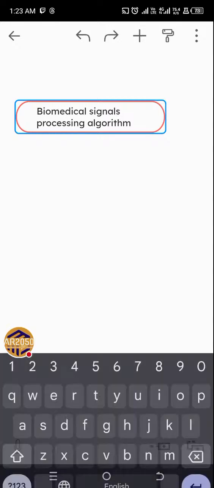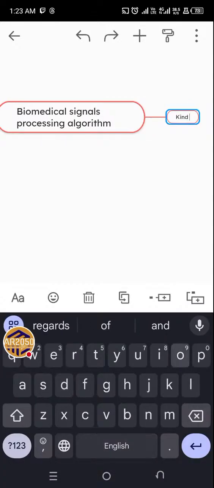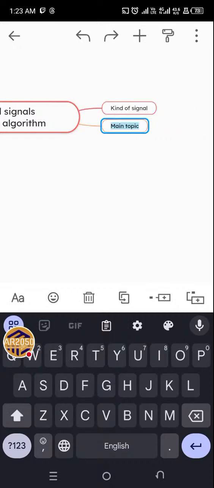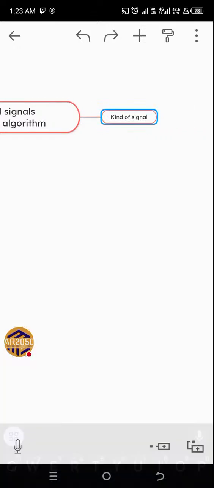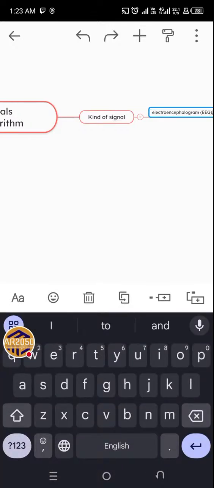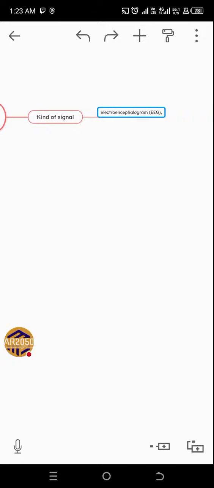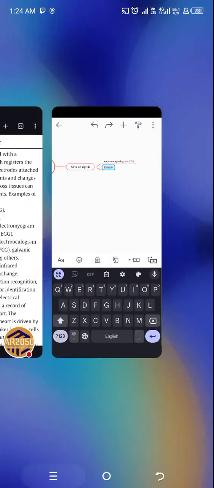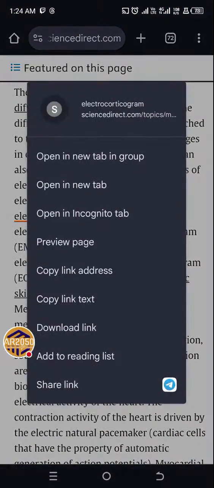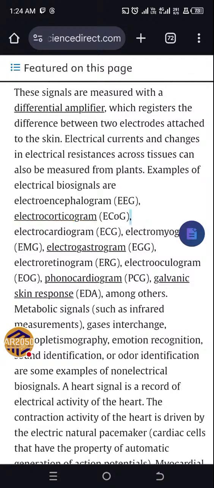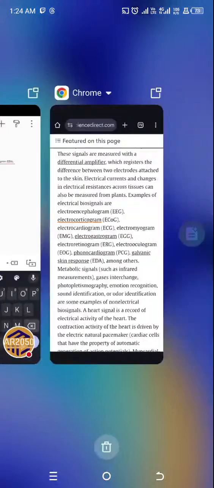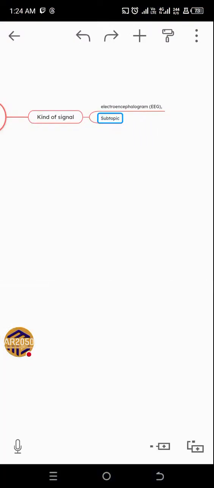Yes, we copy this, then the next signal is electrocardiogram. Copy it. Let me record this.